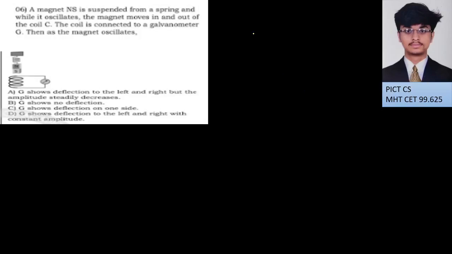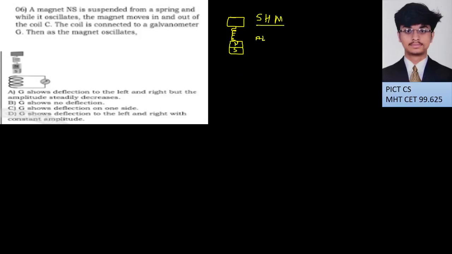Alright, so for simplicity, let's initially consider this magnet is fully compressed, north and south, and we don't have any galvanometer or any stuff here. So it will perform SHM, right? How will it go?